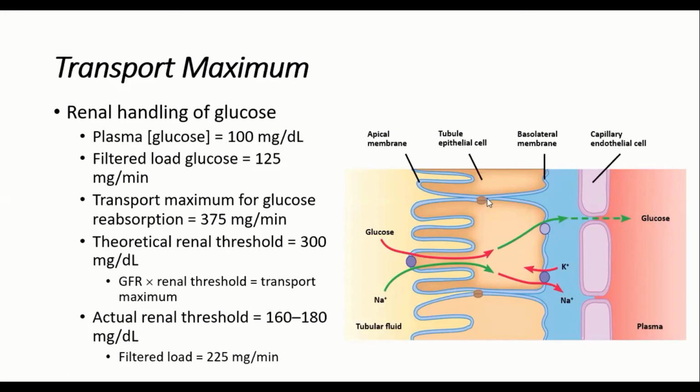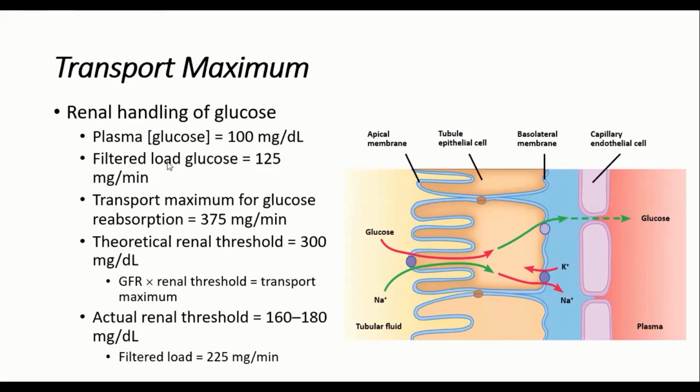Usually in the kidneys, we have 100 milligrams per deciliter of plasma glucose. That's just the standard level. Remember that the filtered load is equal to the glomerular filtration rate times the concentration of our solute.